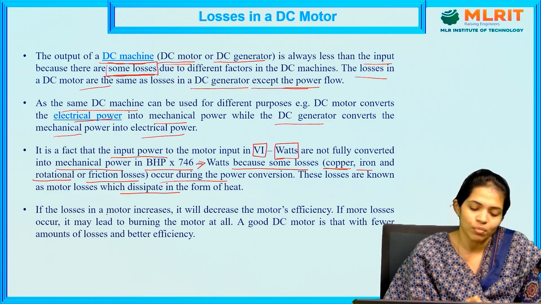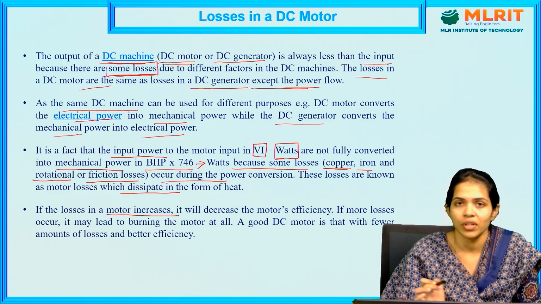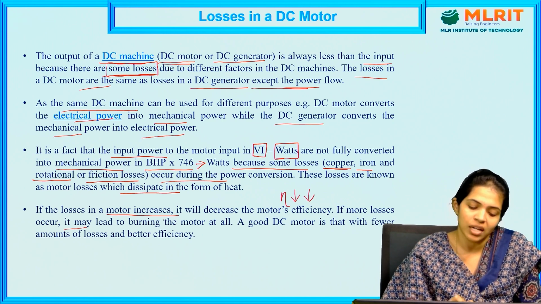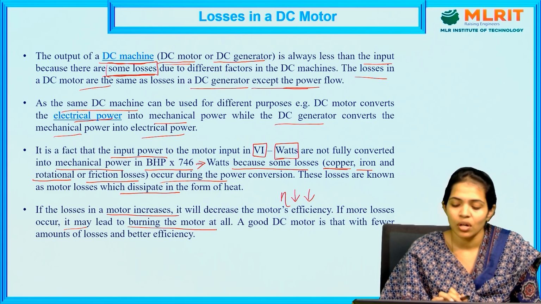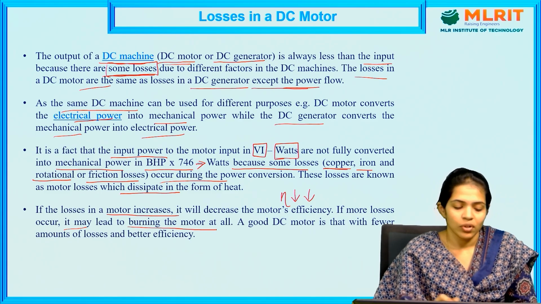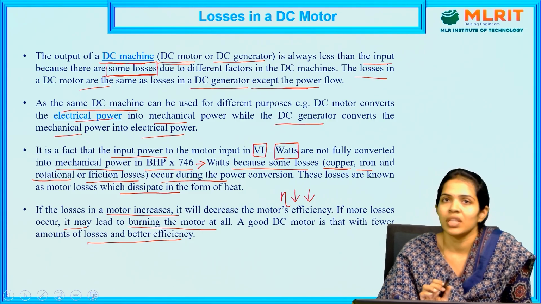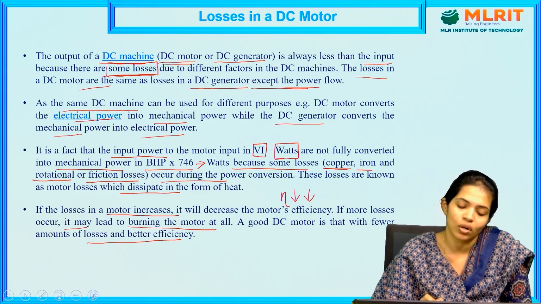If the losses increase, the efficiency of the motor or generator will decrease, and if more losses occur, it may even lead to burning of the machine. So for a better DC machine, whether a motor or generator, the losses should be less so that the efficiency will be high.